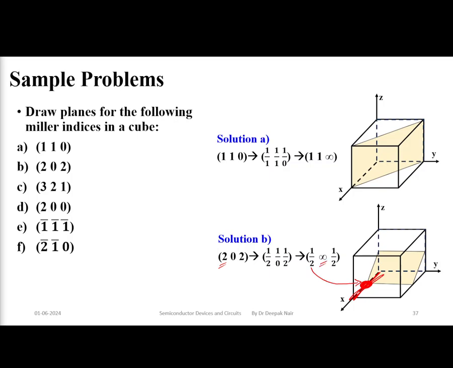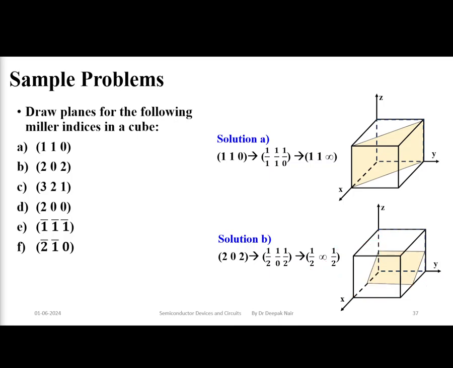Similarly, infinity means it is not touching the y-axis, so this plane will not touch the y-axis. The third value is 1 by 2, which is touching the z-axis. Again, the z-axis has a total length of 1 and this is the center point of the z-axis. So a plane which is touching the x-axis, not touching the y-axis and touching the z-axis can be drawn like this. In this way we can draw the planes using Miller indices.